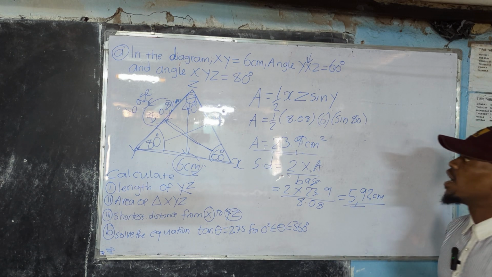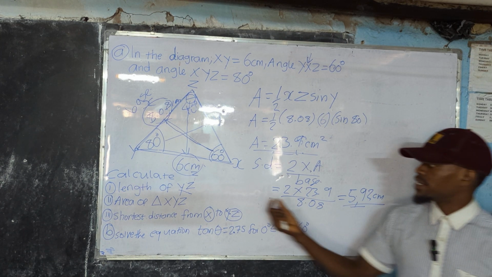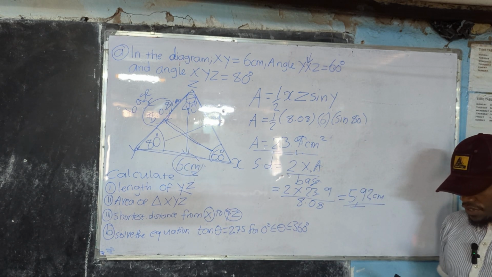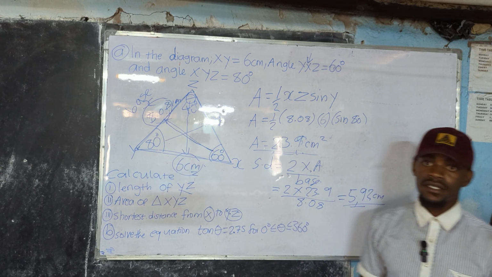So this is our shortest distance. And the shortest distance, the number must be less than the distances that you have. As we can see, 5 point something is less than 6, and is also less than that distance.